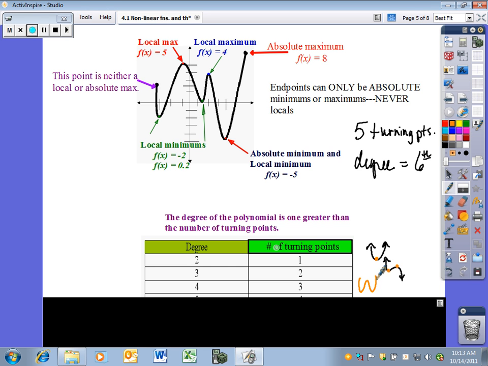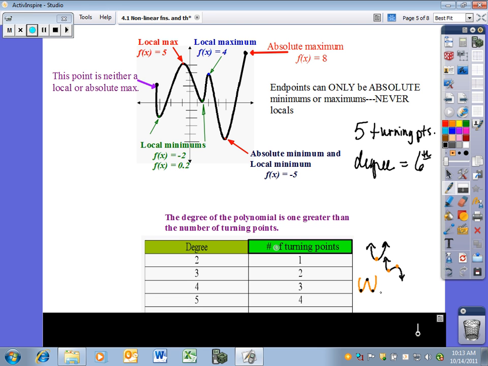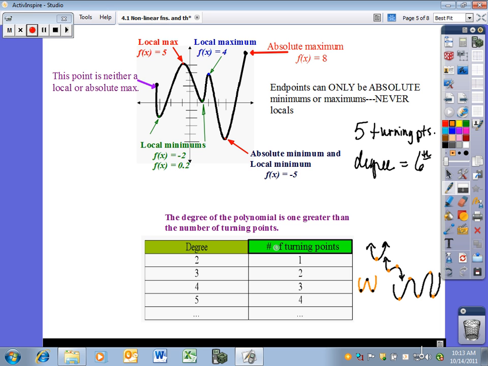So it could be like this. 1, 2, 3. A degree of 5 would have 4. So 1, 2, 3, 4. See, did I get them all? 1, 2, 3, 4. Need one more. 5. And etc., etc.